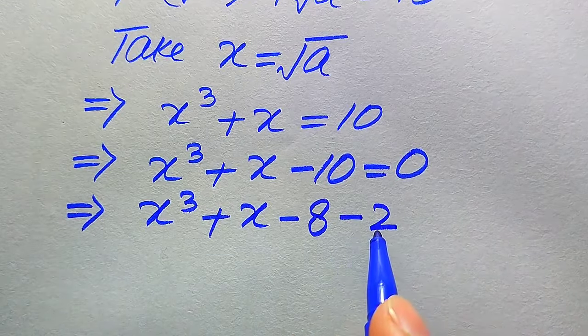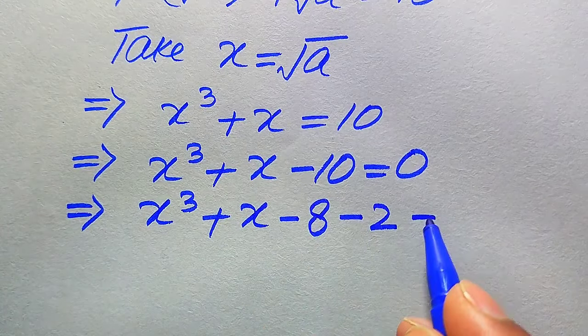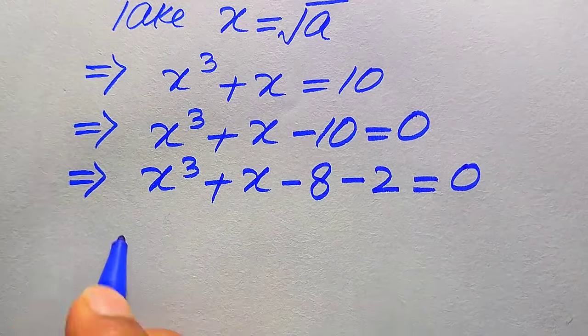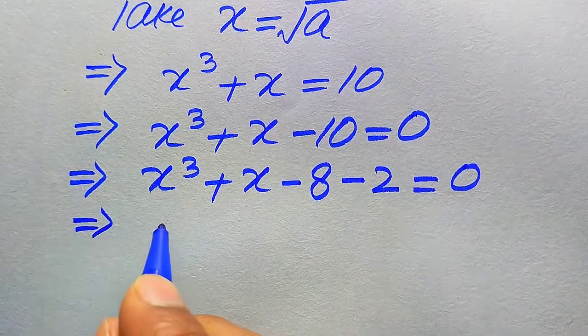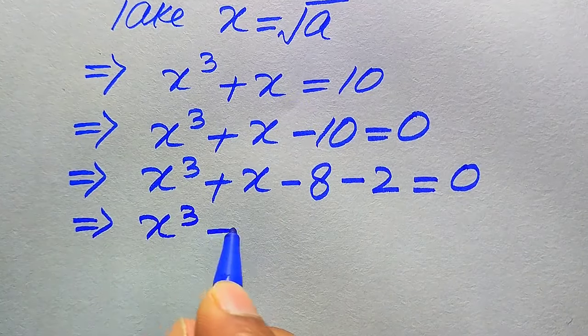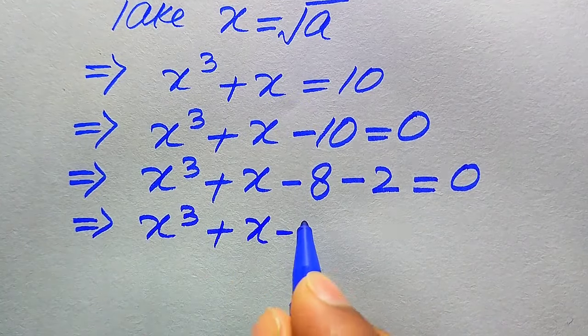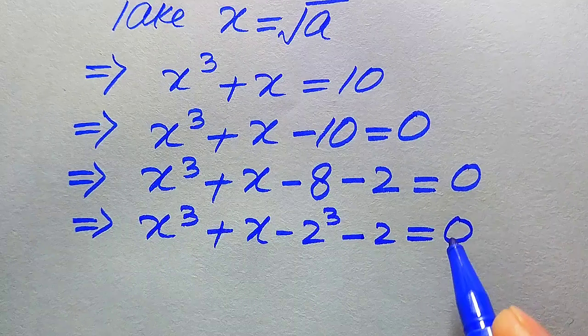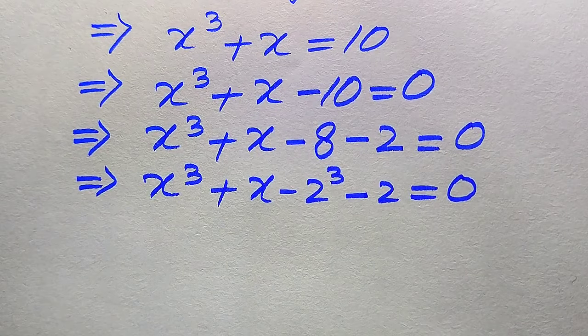We know that 8 minus 2 becomes 10. And now we write 8 in its prime factors form, and we know that the prime factors of 8 are 2 cubed, and this is minus 2, and this whole equation is equal to 0.